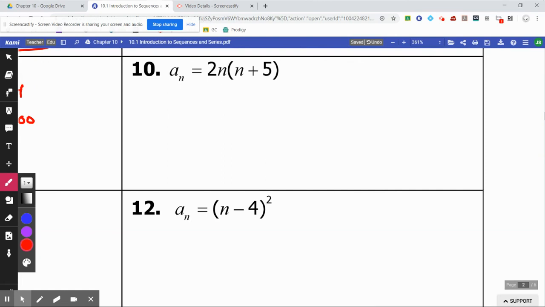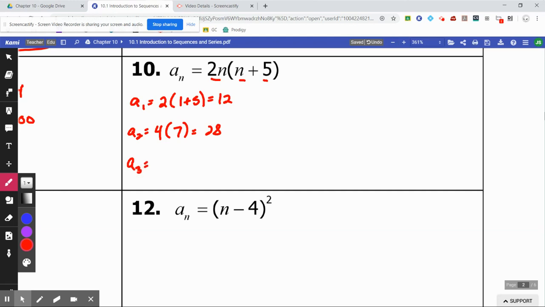Number 10. Now you could multiply this out, actually distribute there, but we'll just use it as is. A of 1 would be 2 times 1, which would be 2 times 1 plus 5. That's going to be a 12. A of 2 is going to be 2 times 2 is 4 times 2 plus 5, which is 7. 4 times 7 is 28.